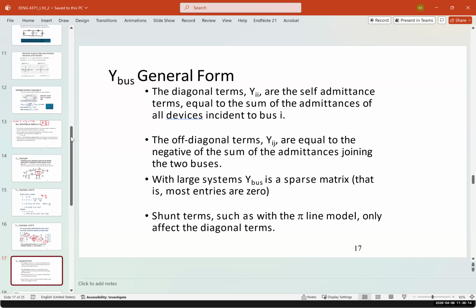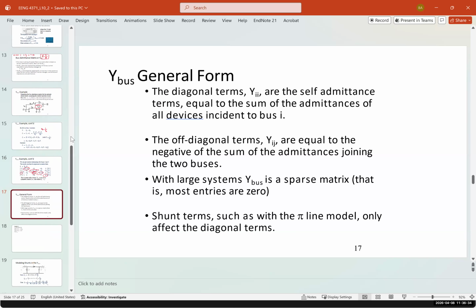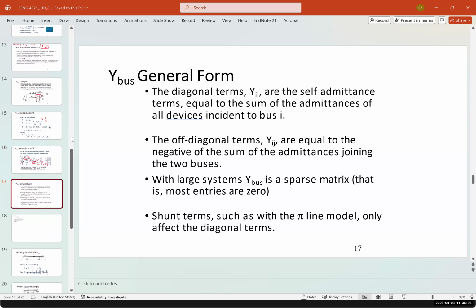So the admittance shared between two buses is going to be the negative of that. With a large system, the Y bus is a sparse matrix, that is, most entries are 0. Shunt terms, such as with the pi-line model, only affect the diagonal terms.